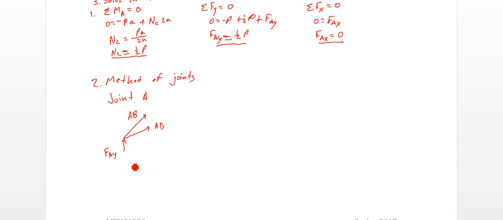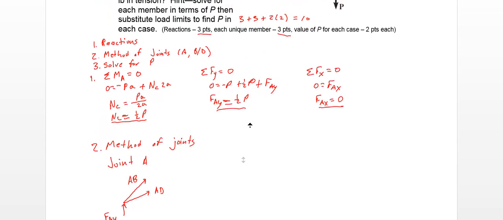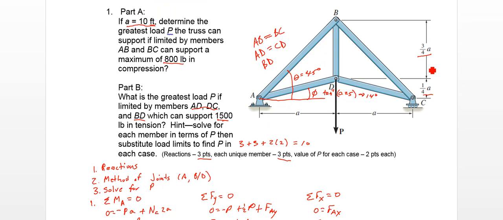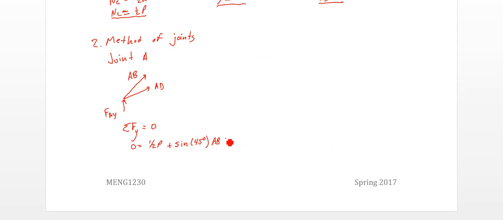So we're going to do sum of the forces in Y equals 0. 0 equals 1/2 P plus sine 45 degrees AB. AB again, that direction we drew on our diagram here. It's a total of A over A, so that's 45 degrees. And then we have our other one here, 14 degrees for AD, plus sine 14 degrees AD.